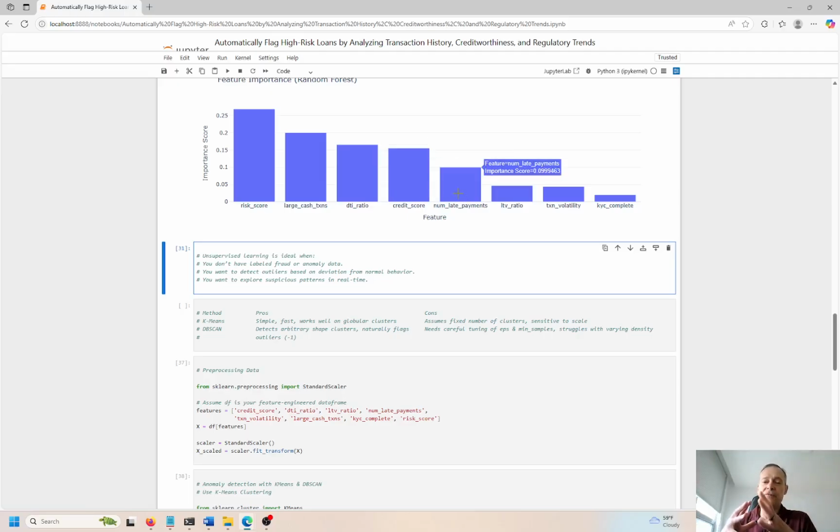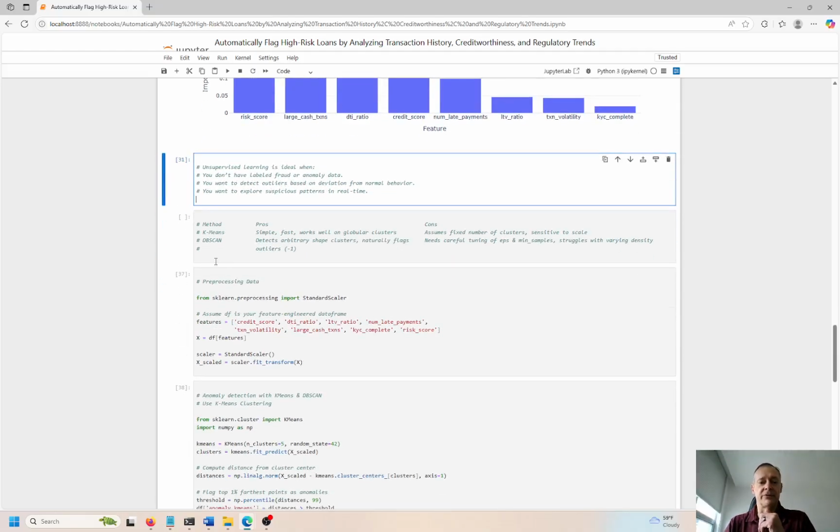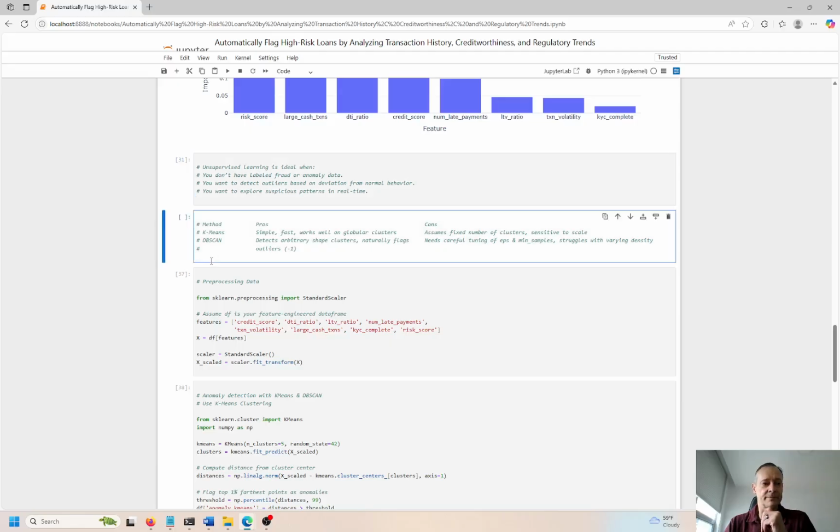But do you have an actual feature that says this is a risky loan, don't issue the money to this person? If you have that, that's great. If you don't have that, you have to manufacture it. You have to create that yourself, right? So we can do that using a clustering technique, right? Because again, like I said a few minutes ago, we don't know what the outcome is going to be.